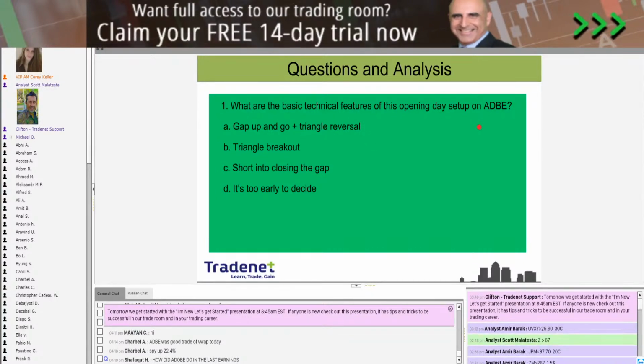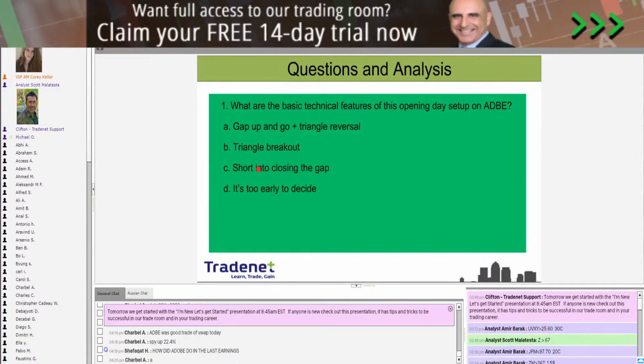So what are the basic technical features? Gap up and go plus triangle reversal, a triangle breakout, short into closing the gap, or it's too early to decide. Now let's eliminate. Short into closing the gap, it's not possible because obviously the stock is moving higher.